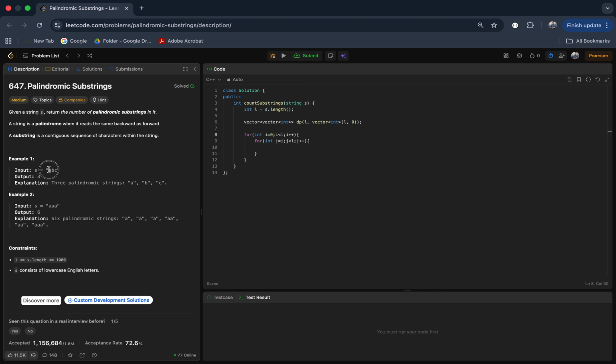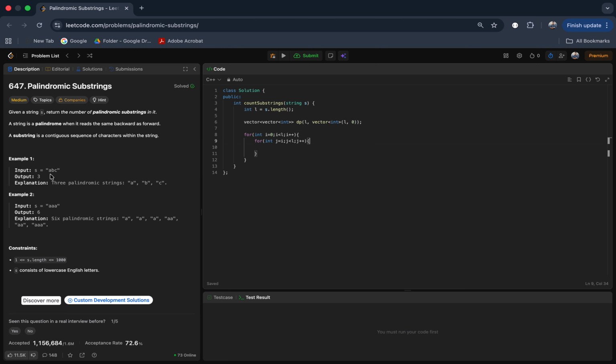So the initial condition will be i equals j, and after that every time our i is lesser than j, so whenever our i is 0, our j can be 0, j can be 1, j can be 2. So this point is good enough, but we cannot do it in a row wise manner. So with row wise manner it can't be done.